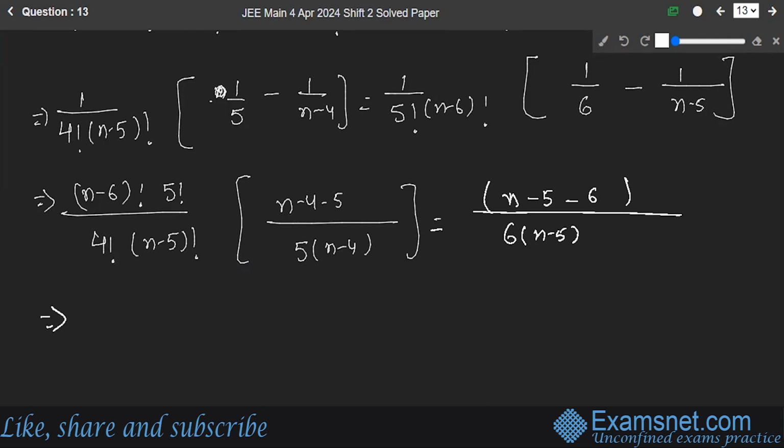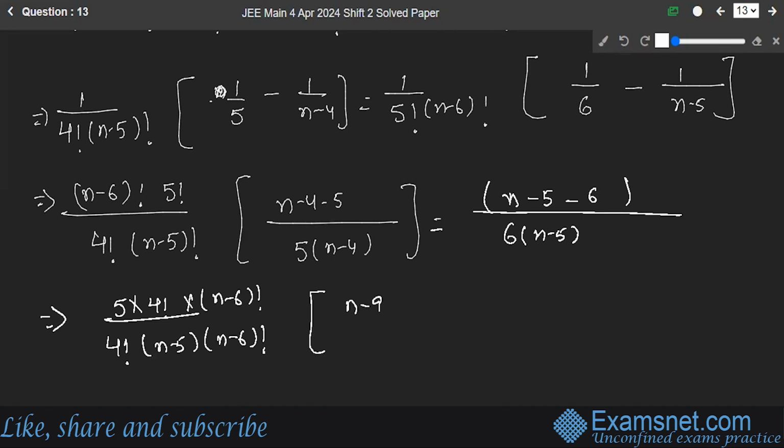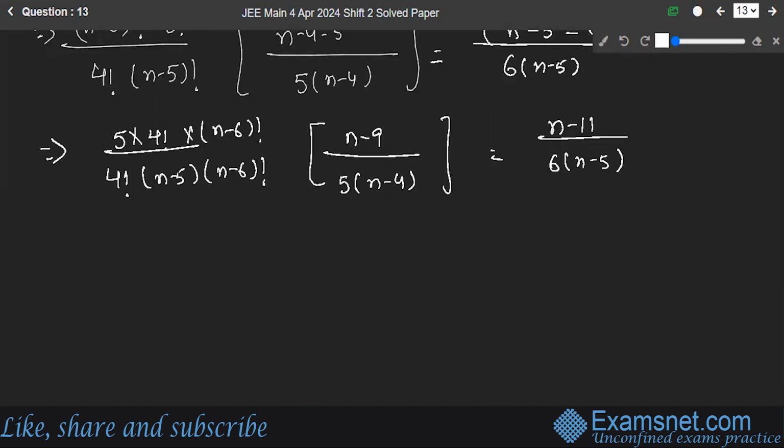So this will be n minus 9 and 5 into n minus 4. This is n minus 11, 6 into n minus 5. Okay. So now let's do the cancellations again. Here you have 5 upon n minus 5 into n minus 9 on this.